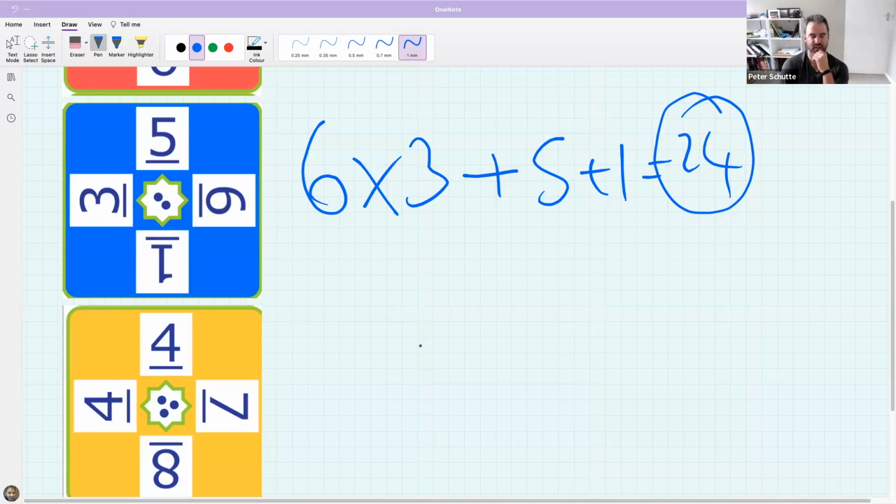Some of these are quite tricky. 8 times 4 is 32. No. 4 divided by 8 minus 4 is 4. Oh, this yellow one is tough.